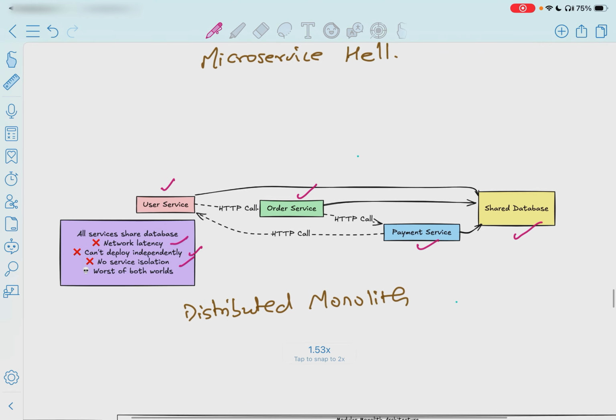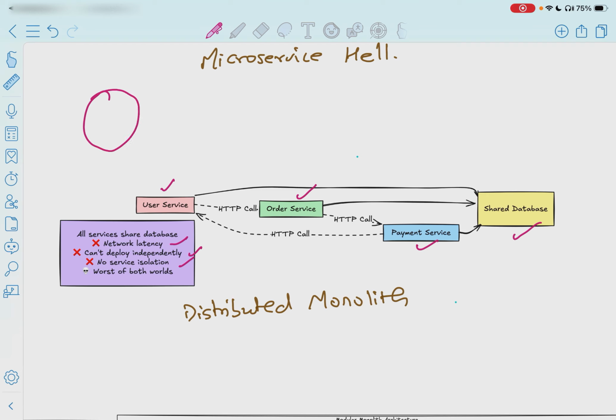Here I have added one diagram. Here you can see that to create a distributed monolith, let's say you are trying to segregate the services. You don't want to create the monolith, so you are trying to segregate your services.